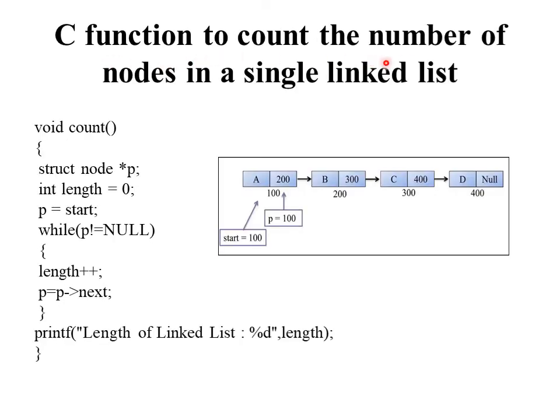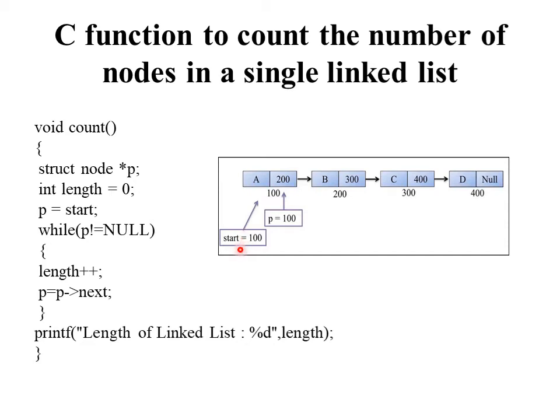C function to count the number of nodes in a singly linked list. So here we find out how many nodes are present in the linked list. So here we use the count function. Next we declare P as a pointer, because start is pointing to the first node and start contains the address of the first node.